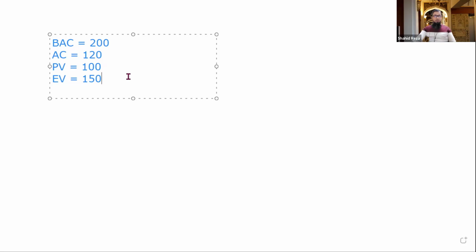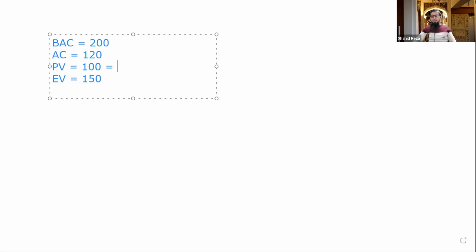There is also a formula you can apply, because in the exam you will not get small numbers, you will get big numbers, and you may need a calculator.